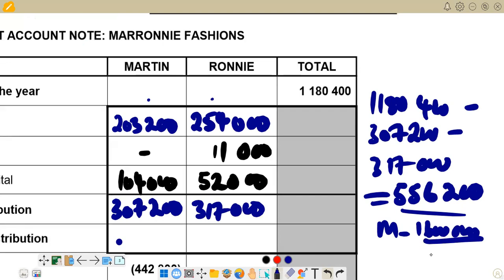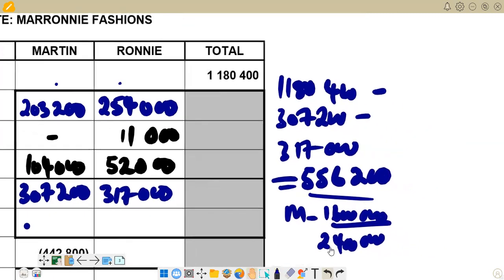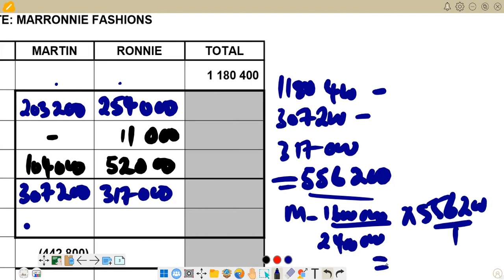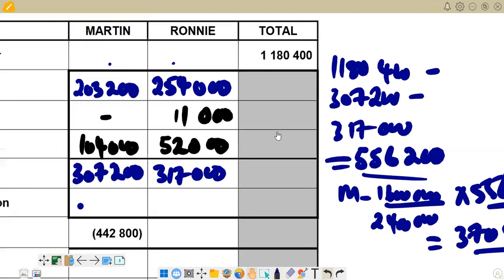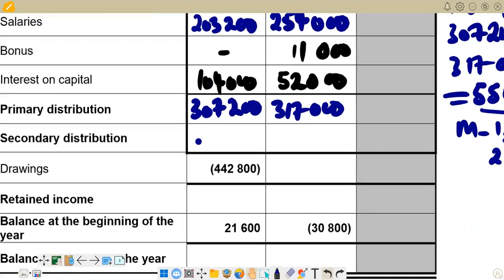When you multiply by this figure, 556,200 over 1, and obviously when you calculate that one, you get now the final distribution for Martin, which is 370,800. So you can put that one for Martin.